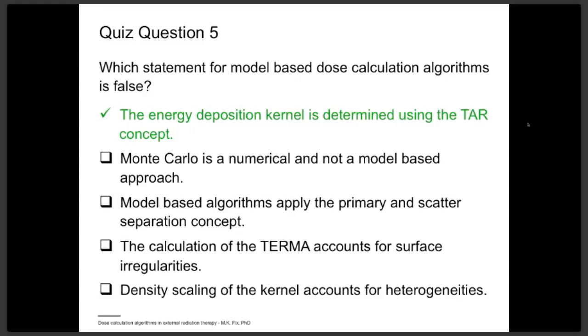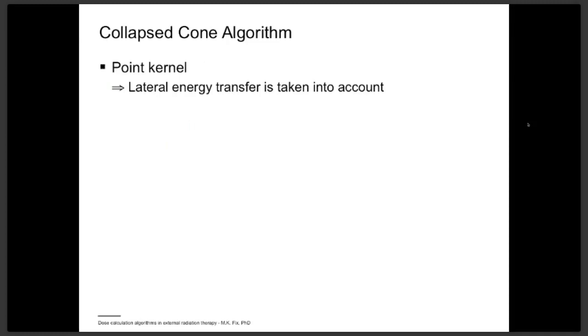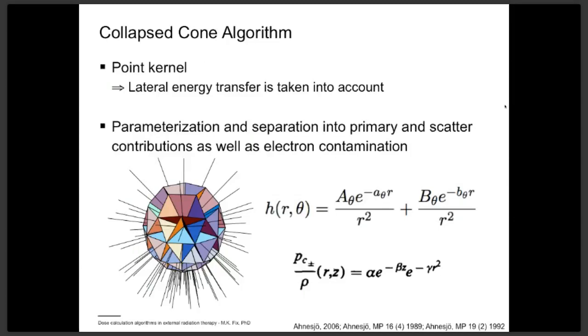So after this general description of the convolution superposition algorithm, I want to give two examples. The first one would be the collapsed cone algorithm, where you use a point kernel, taking the lateral energy transfer into account, as shown previously. But this time this point kernel is also parameterized, and a separation into primary and scatter contribution as well as electron contamination is taking place.